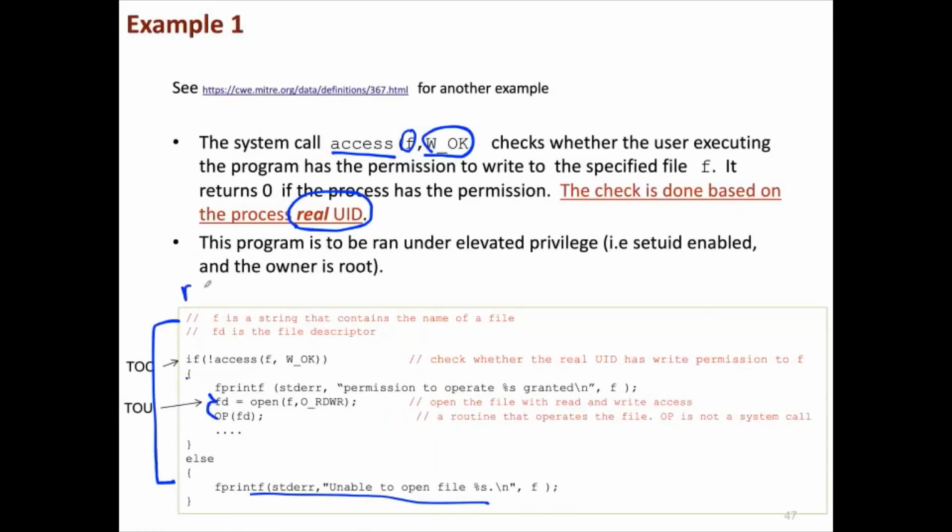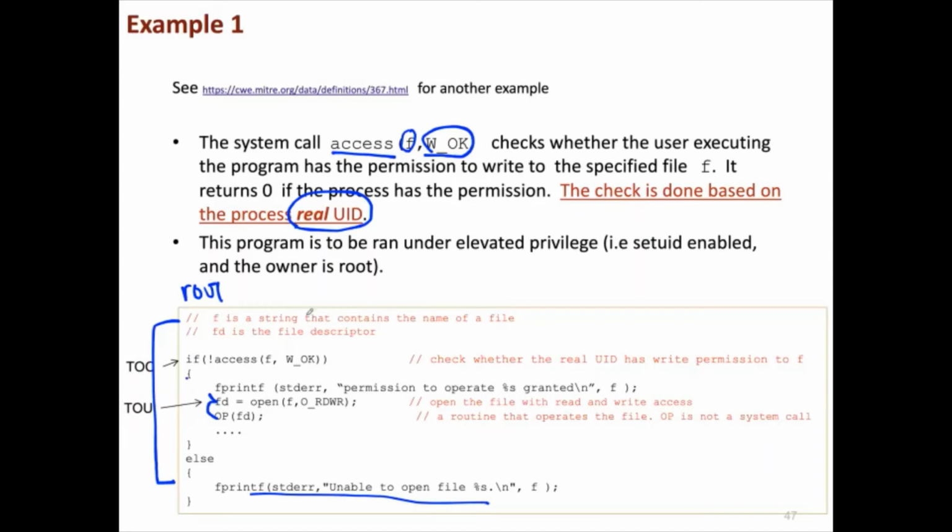The bridge has elevated privilege so as to allow the user to make some modifications and have limited access to the sensitive files. In this part of the program, we don't allow the user to access sensitive files.